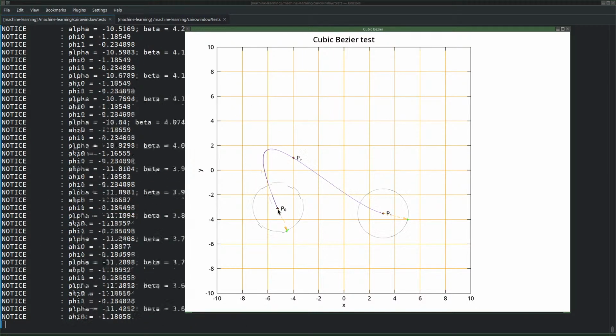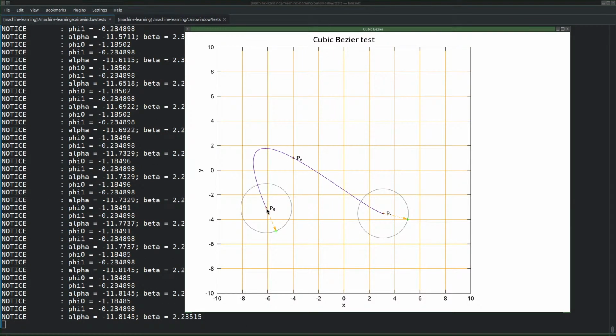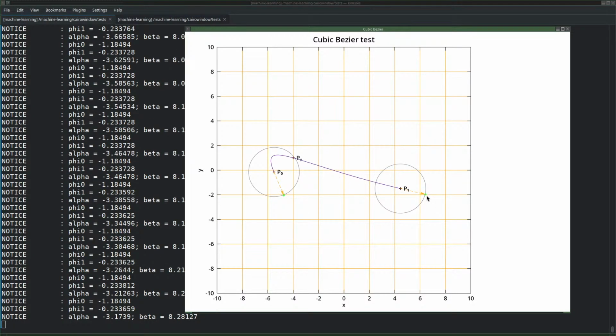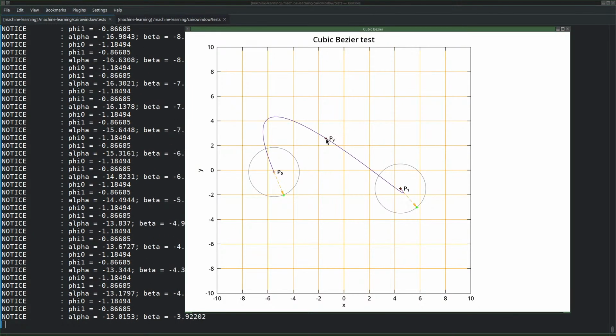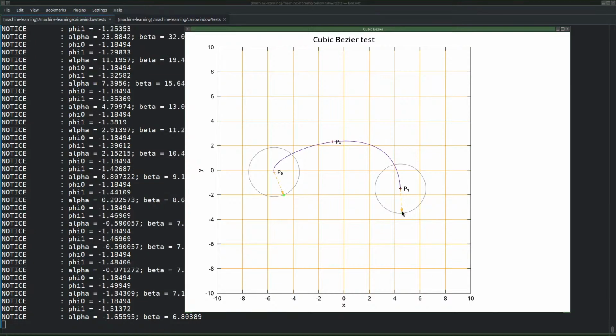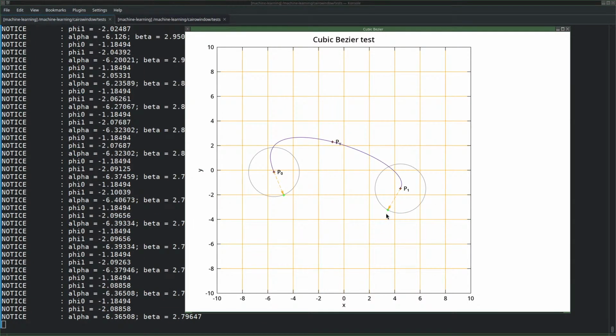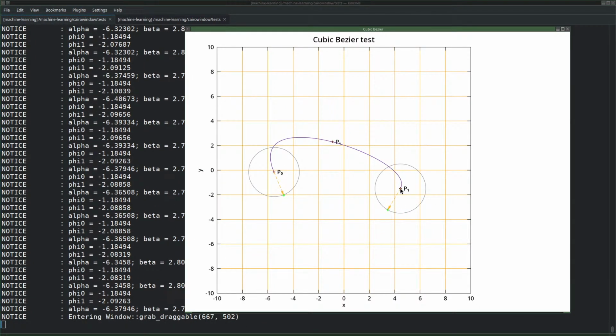So let's say we have, no, let's make something sensible. Oh, like this curve.